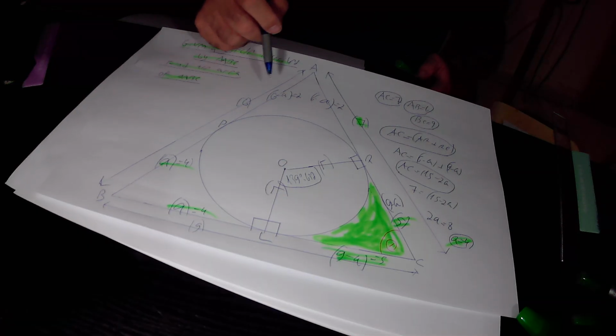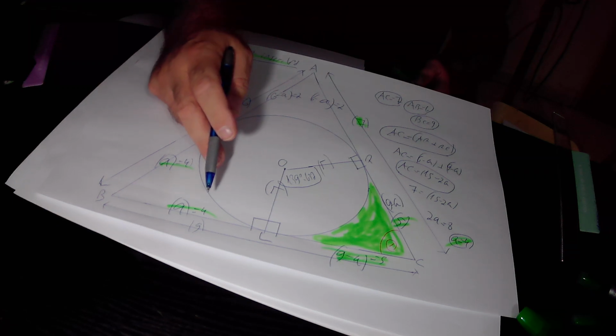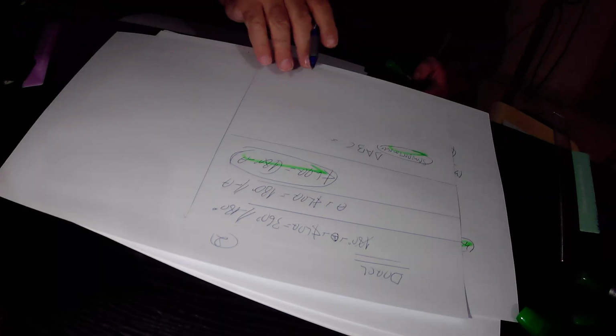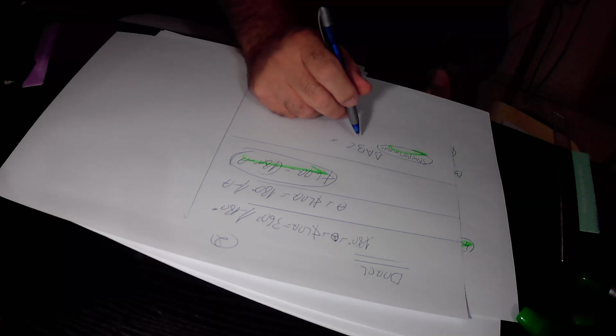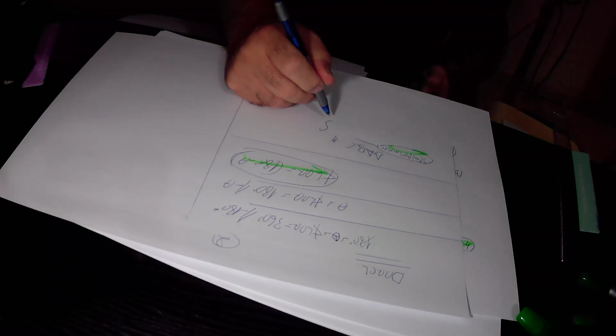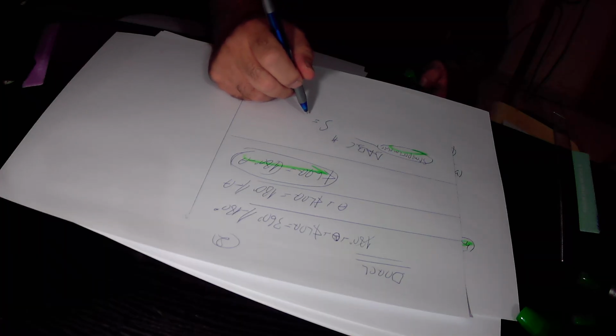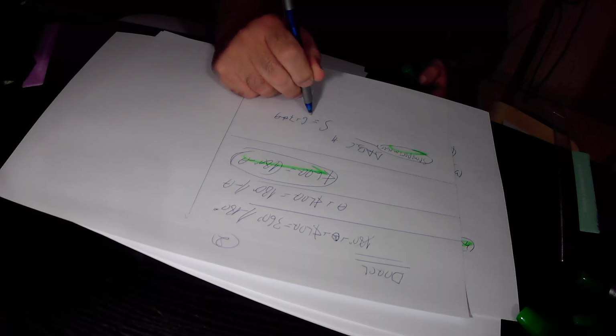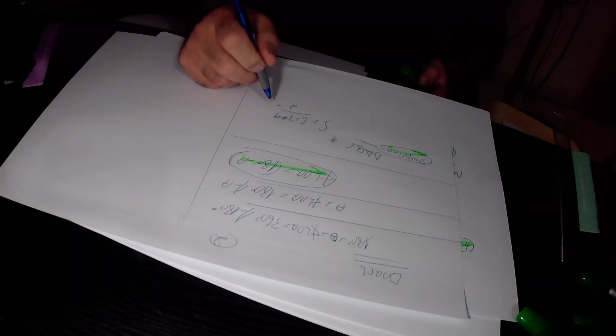S is the abbreviation for semi-perimeter. That is to say, it is 6 plus 7 plus 9, the sum of the side lengths of triangle ABC, over 2. 6 plus 7 is 13, and 13 plus 9 is 22. 22 over 2 is 11.